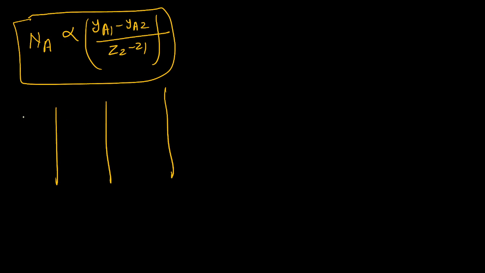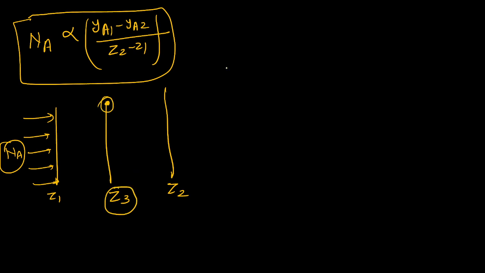Since this will be Na, this flux, if I am assuming Z1, Z2, Z3, and I want to find out the mole fraction of A at that particular Z3 level, so what you can do, so this is the proportionality equation.